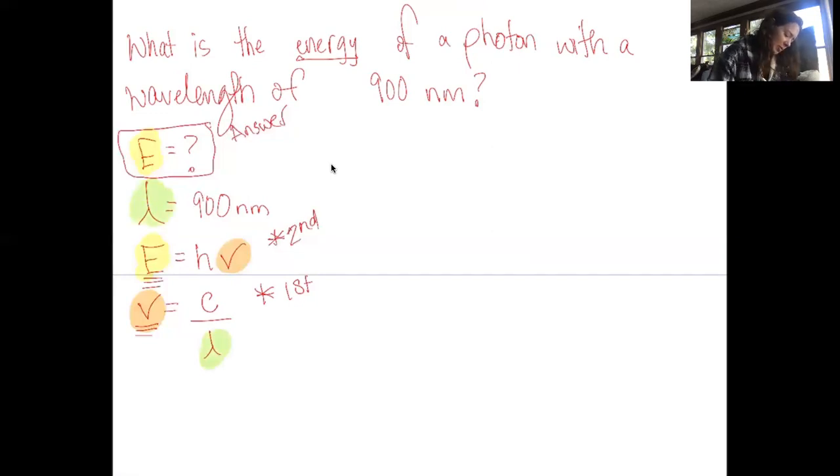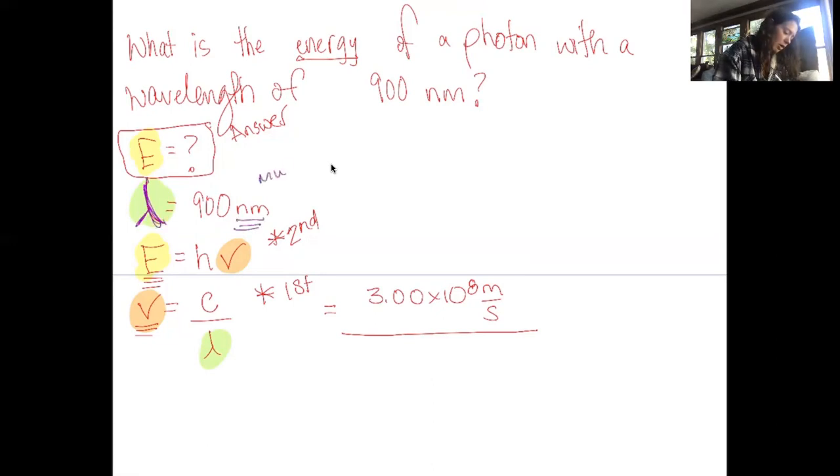Okay. So I know that C is 3.00 times 10 to the 8th meters per second. And I know that my wavelength was given to me right here, right? There's my wavelength. Uh-oh, that's in nanometers.